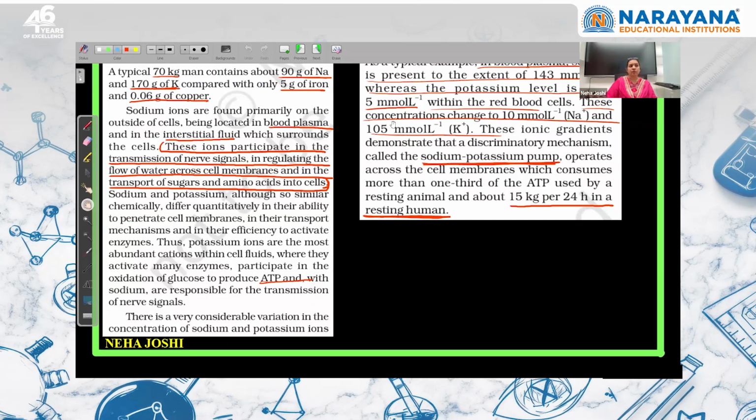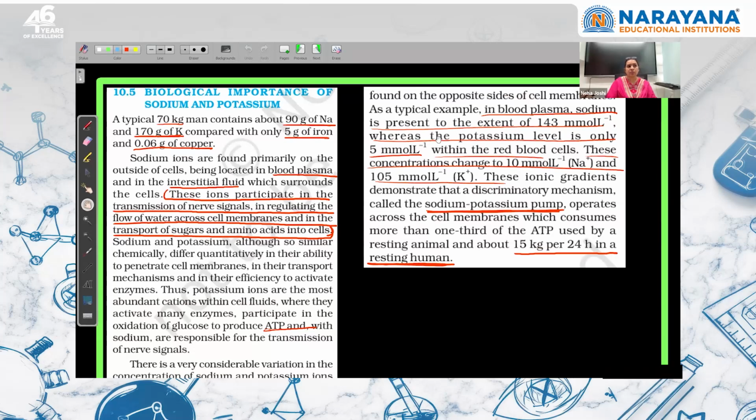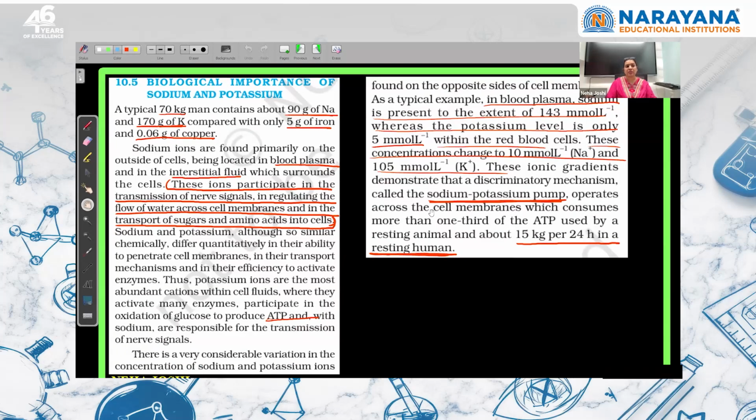Okay? So this level of sodium and potassium should always be maintained in our body. Sometimes, particularly with age, if sodium and potassium levels go very low, you will not be able to identify immediately what is happening, but it can take the patients directly to ICU and then finally death.